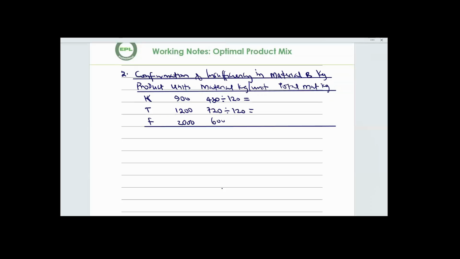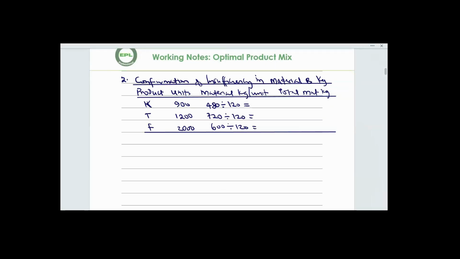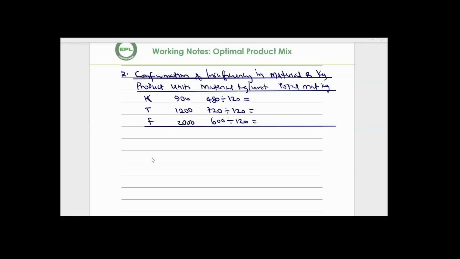Then 600 divided by 120. 480 divided by 120. That's four. So 4 kilogram. Then 720 divided by 120, that's 6 kilogram. Then 5 kg. All right.